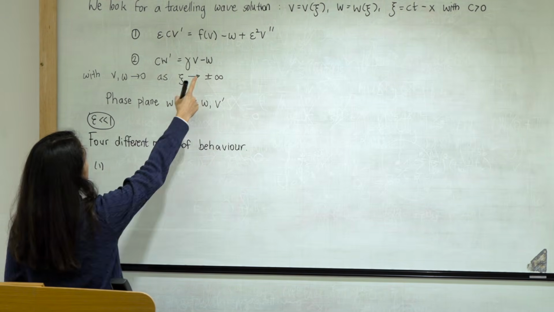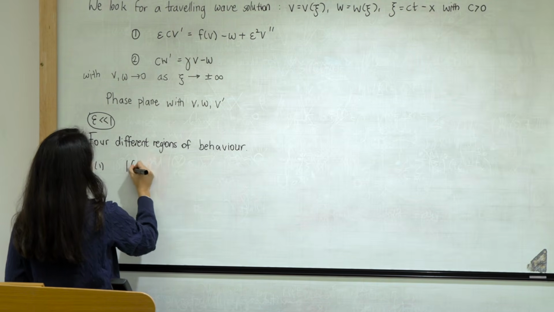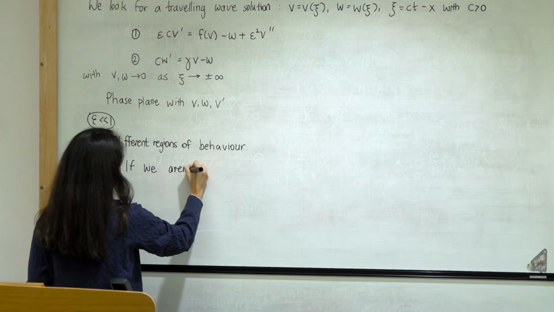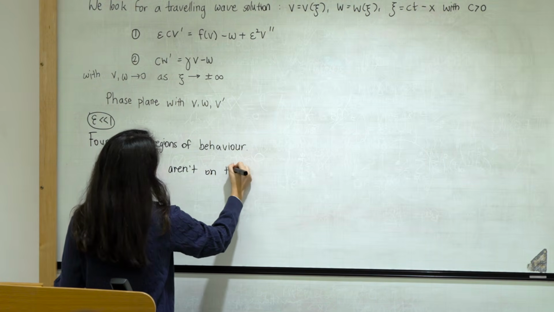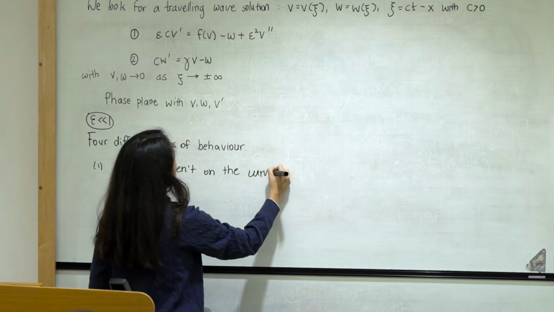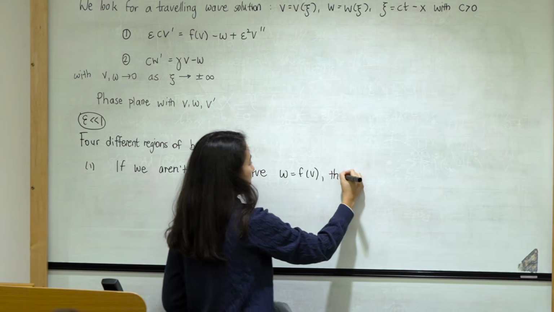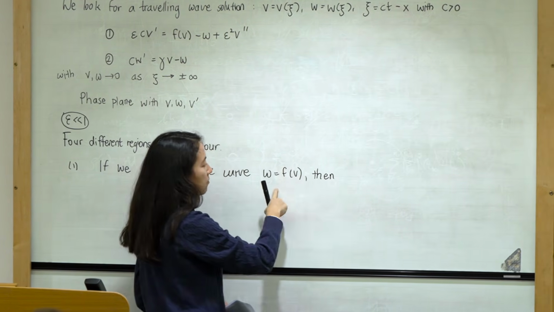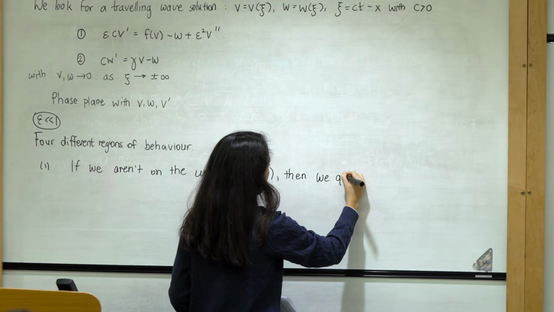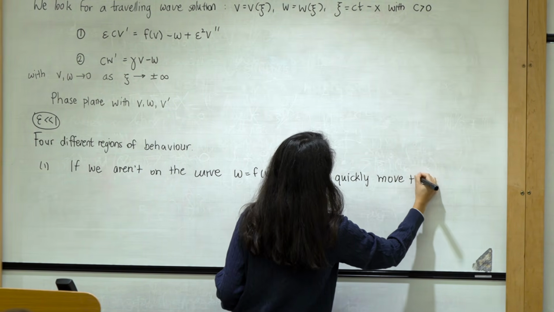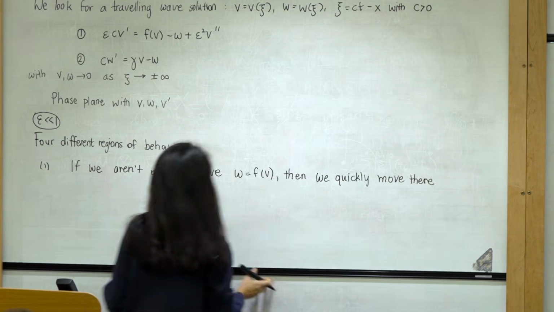First I said that if we aren't on the curve W equal to f of V, then there is some fast phase where we will quickly move to this curve. You see this from equation 1.